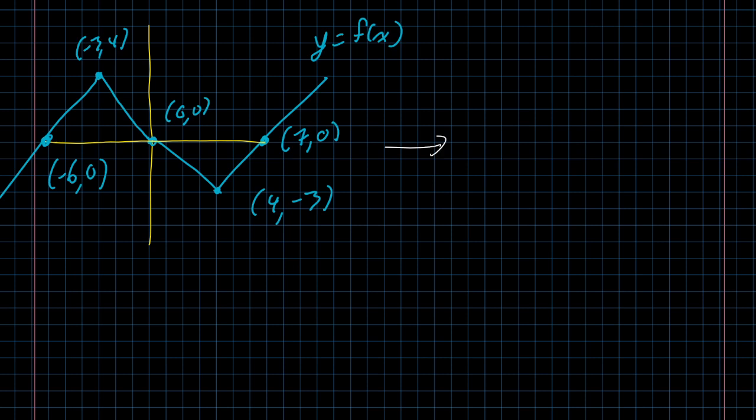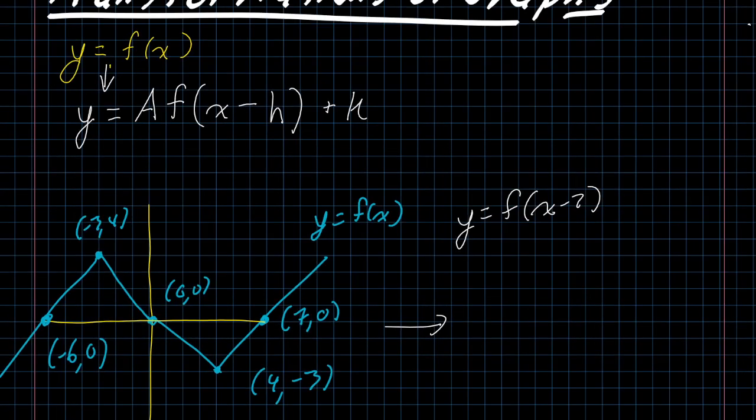Our goal is to figure out how to graph y equals f of x minus 2. The graph here, if we go back to our prototype, right, a times f of x minus h plus k.